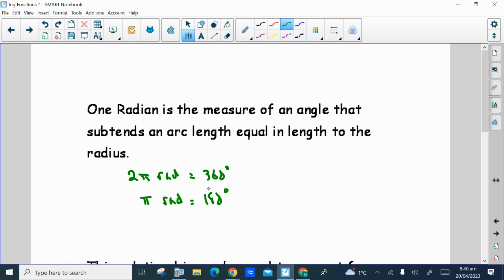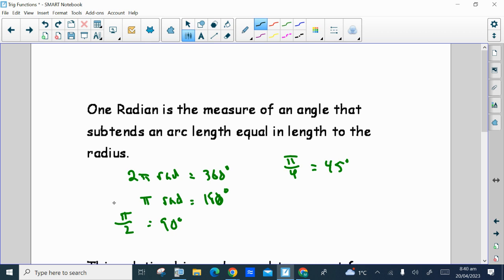If you take this statement, pi radians is 180 degrees, and you divide both sides by 2, then pi over 2 equals 90 degrees. If you divide them both by 4, you'll get pi over 4 on the left. On the right, 180 divided by 4 is 45 degrees.